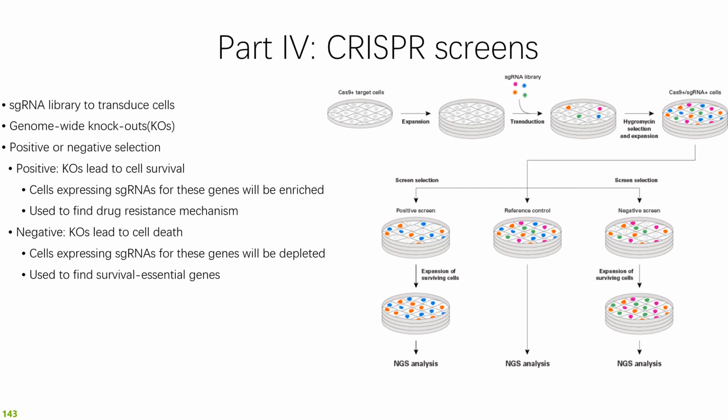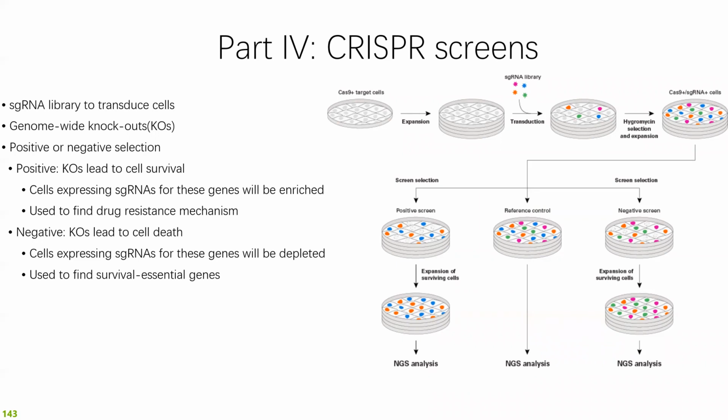For example, after transduction, we apply a drug treatment to the cell culture, and we will see if, under this drug treatment, cells with certain genes knocked out are preferentially enriched, and it will suggest that these genes may be related to drug resistance mechanisms.